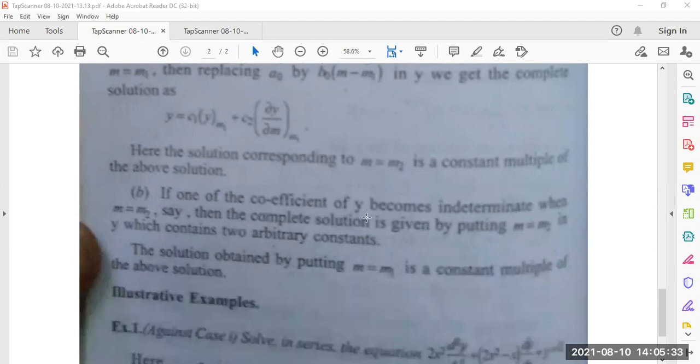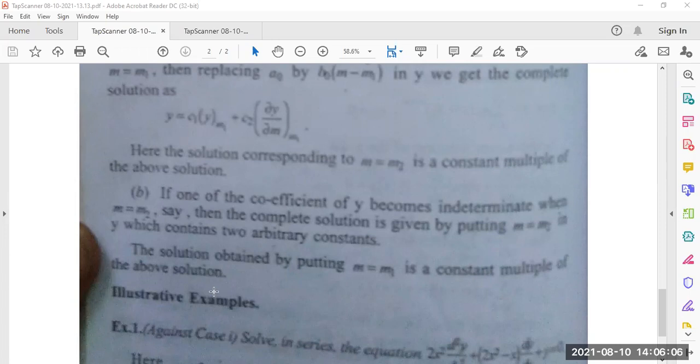And if one of the coefficients of y becomes indeterminate when m equals m2, then the complete solution is given by putting m equal to m2 in y, which contains two arbitrary constants. The solution obtained by putting m equal to m2 is a constant multiple of the above solution. So in both cases, one is a constant multiple of the other solution.